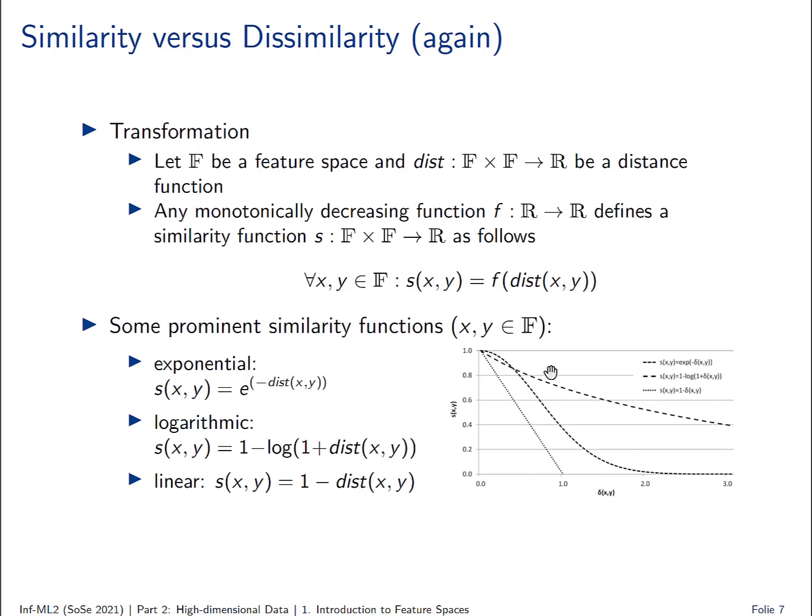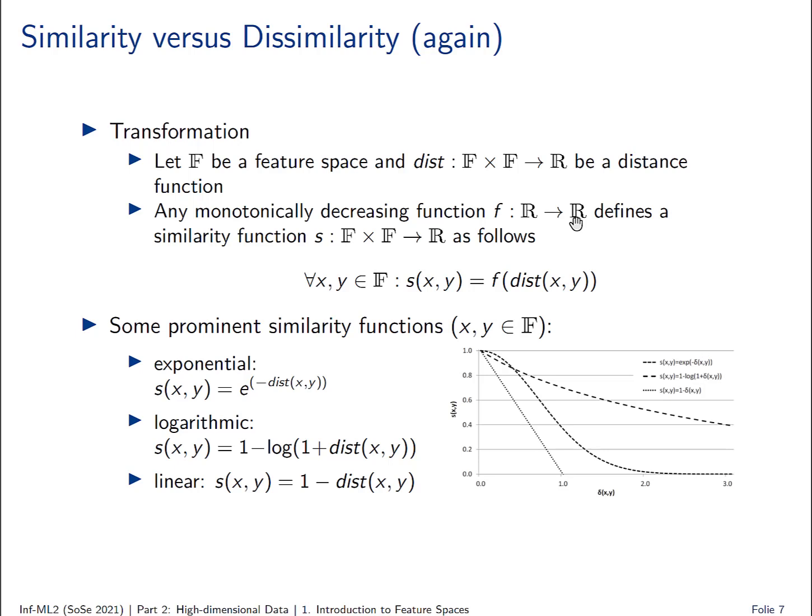You see here different scales, and the transformation is always a little tricky, because distances range from 0, perfect, so just take the two times the same object.